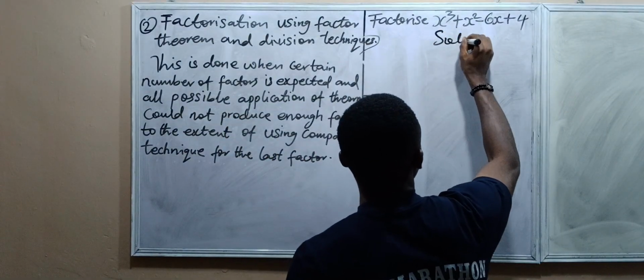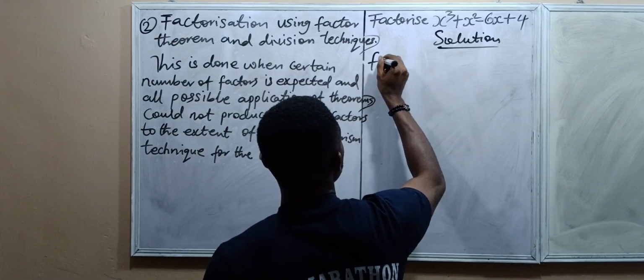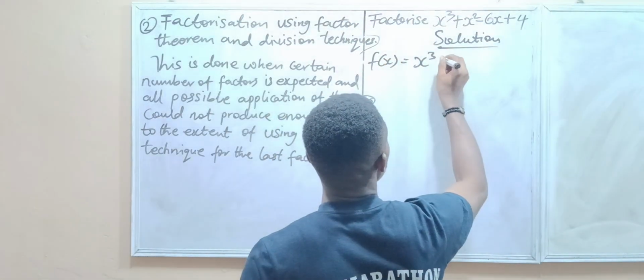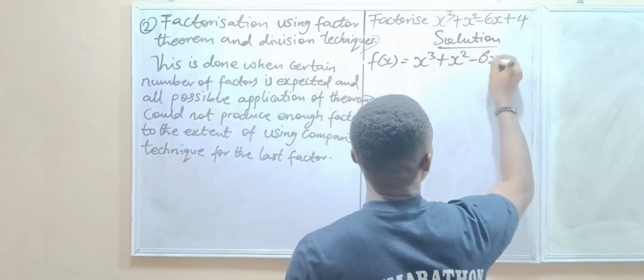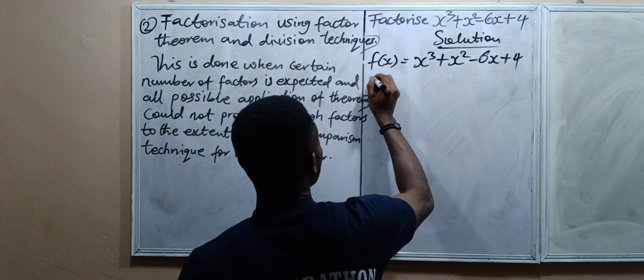Now let's try using the factor theorem first. Now we have that f of x is equal to x cubed plus x squared minus 6x plus 4. Let's start with f of minus 1.